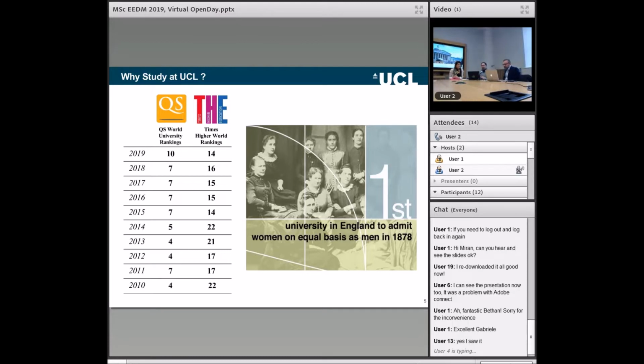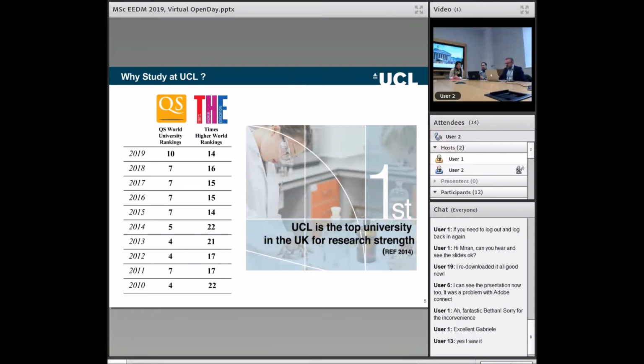We currently have 58% of students who are women, so we're proud of that as well. In the continuous assessments that the UK does of its universities, for example, REF, the Research Excellence Framework, which is like a World Cup of research in the UK, which happens every 4 years.